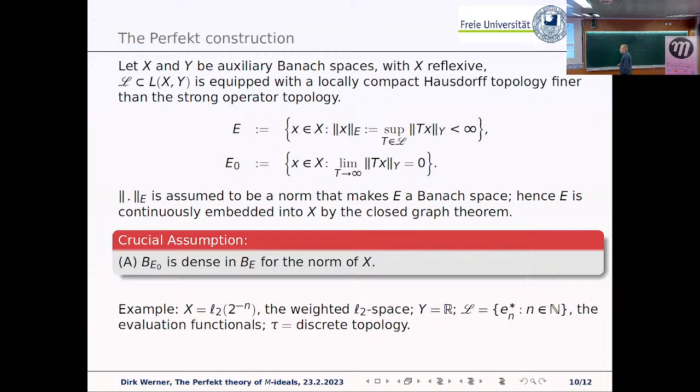And now, what are the vectors in X for which the sup of e_n star of x is going to be finite? These are precisely the bounded sequences. And what are those for which the limit n to infinity tends to 0? These are precisely the zero sequences. So we have shown that this pair, L infinity and C0, matches the general description and also the condition A, the density condition.